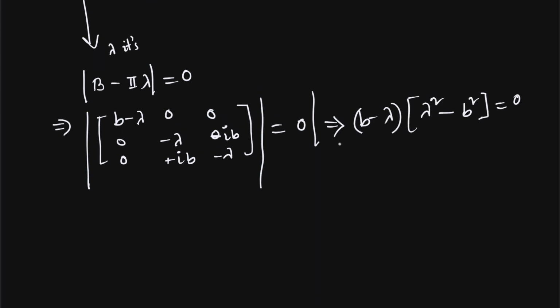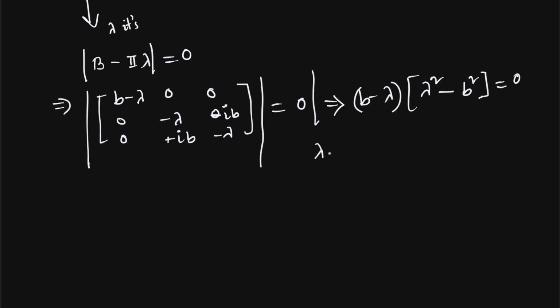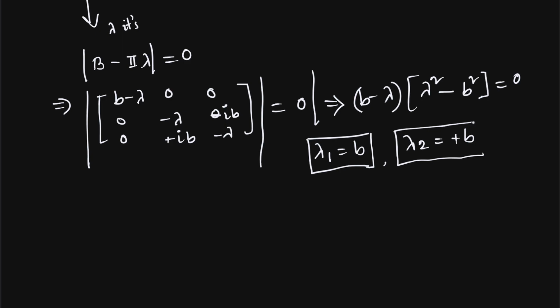That means the values of lambda: lambda 1 is equal to b, this is the first eigenvalue. The second eigenvalue lambda 2 is equal to plus b, and the third eigenvalue lambda 3 is equal to minus b.